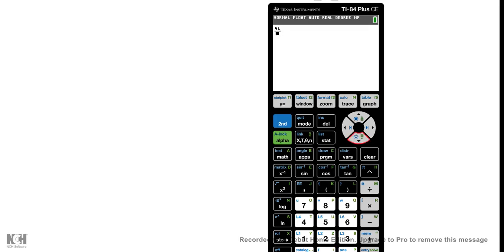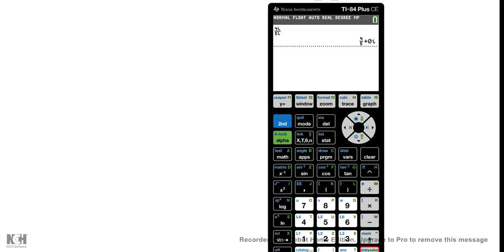We go down, it's divided by 5, second, take the i, and just hit enter, and it's bringing it up in this form of a complex number. So it's 4/5 plus 0i.